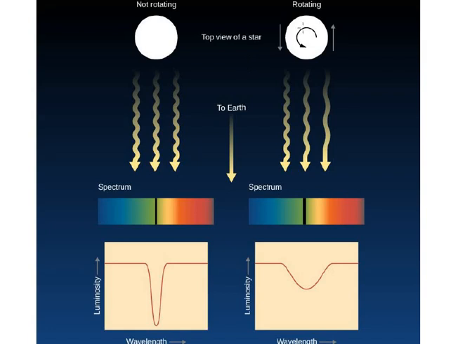Because of the rotation, one of its sides is approaching us, this side, and here we are. This is Earth and this is the star. Suppose because of the rotation, one of the sides is approaching us while the other side is receding. Note that this will be the case unless the axis of rotation happens to be pointed exactly towards us.